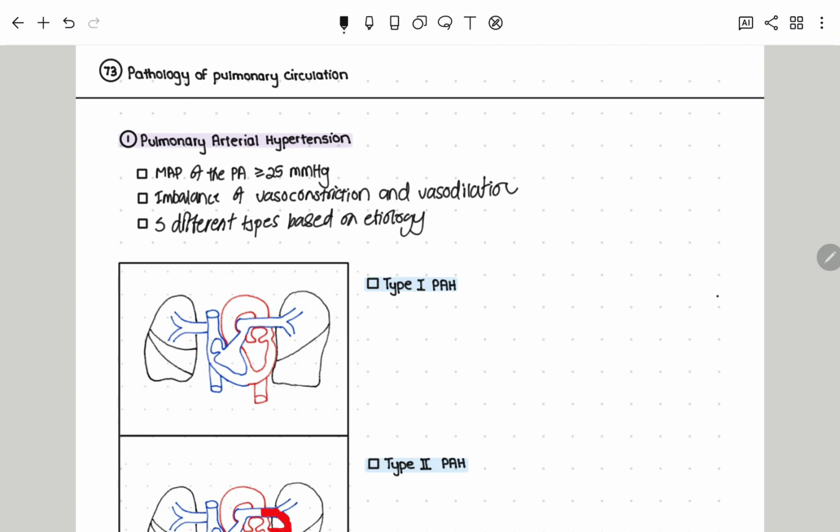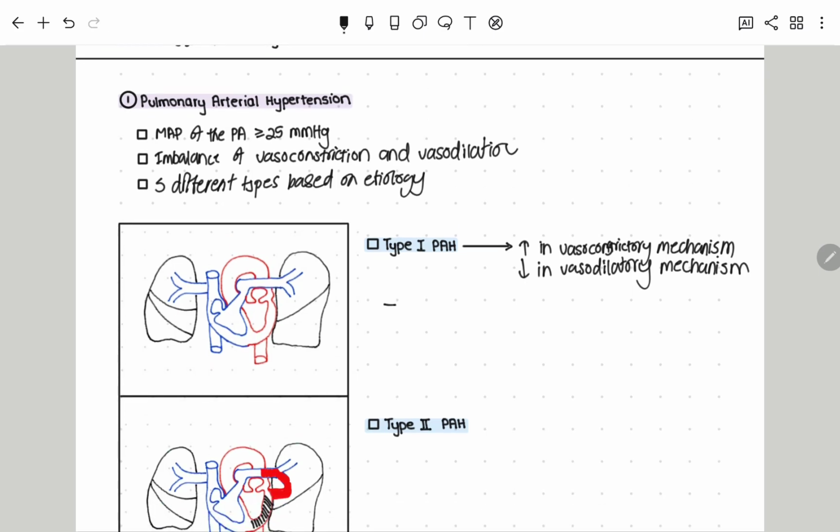So, type 1 pulmonary hypertension is characterized by an increase in vasoconstrictory mechanisms or a decrease in vasodilation mechanisms. And as far as this is concerned, all you need to know are some of the causes of why this may happen.